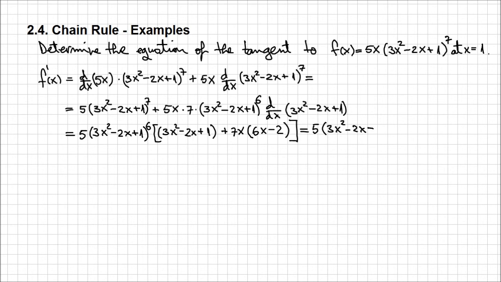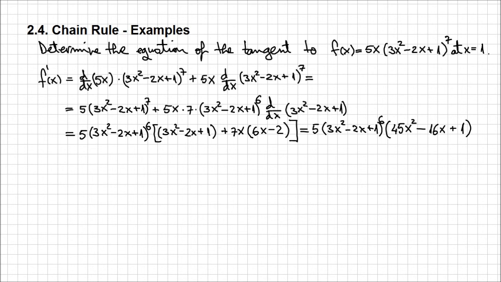This is going to be 5 times (3x squared minus 2x plus 1) to the power 6, times, we have 3x squared plus 7 times 6, which is 42, so it's 45x squared, minus 2x minus 14x is minus 16x plus 1. So this is the expression for f prime of x, the first derivative of this function.